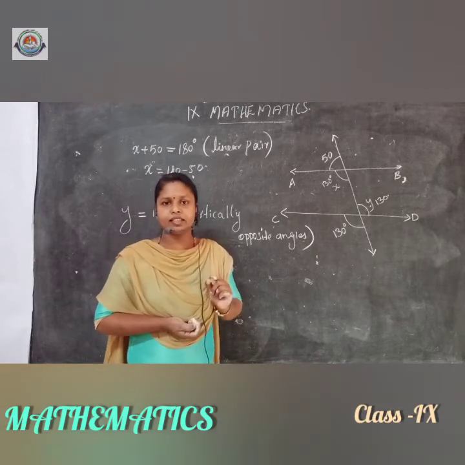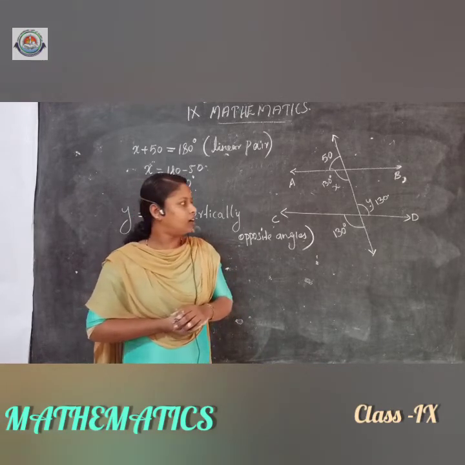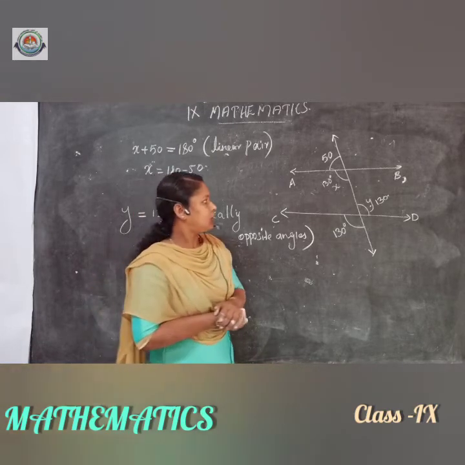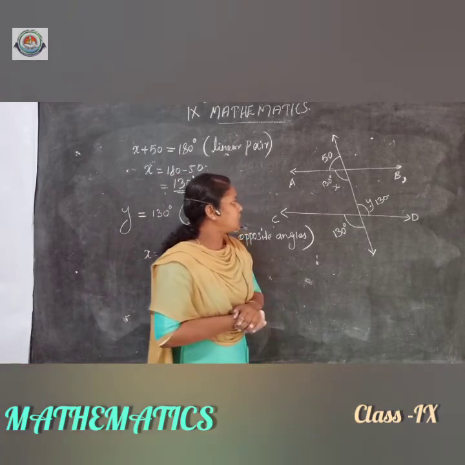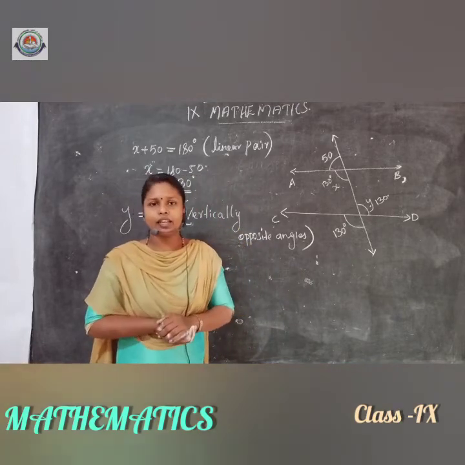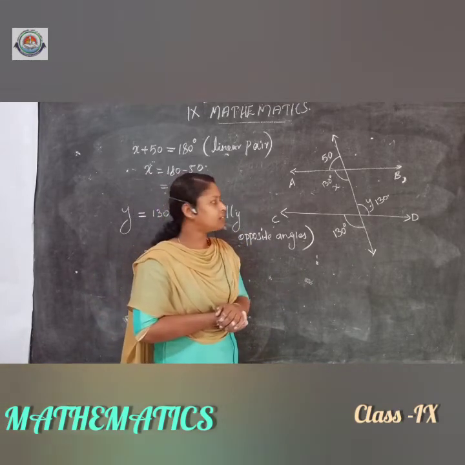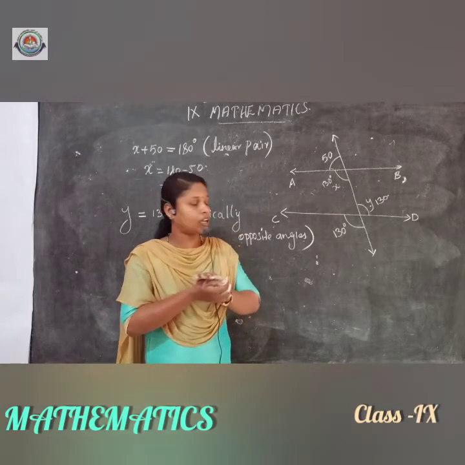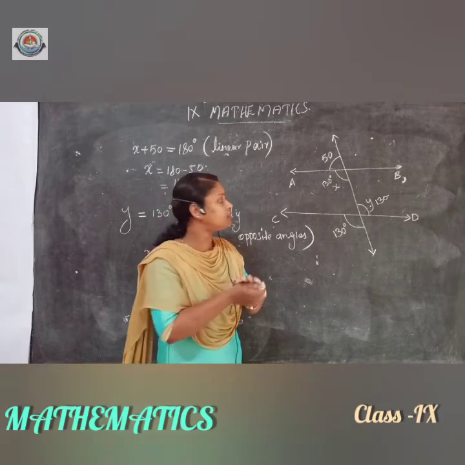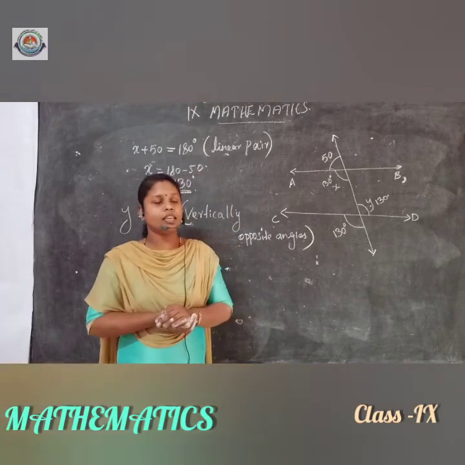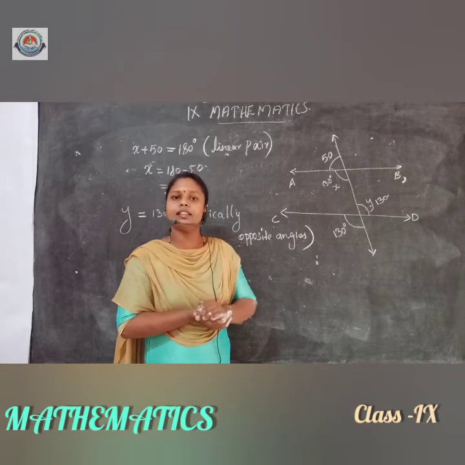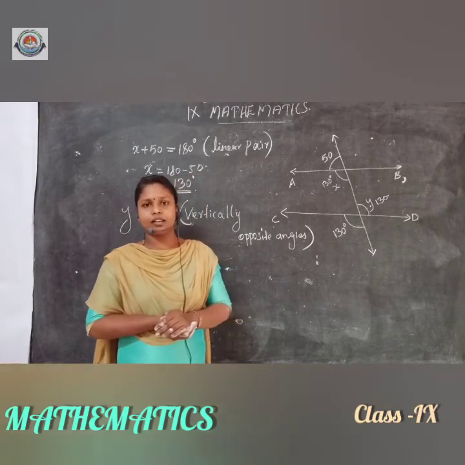Our next axiom: alternate interior angles are equal. Therefore, if a transversal intersects two lines such that a pair of alternate interior angles is equal, then the lines will be parallel.